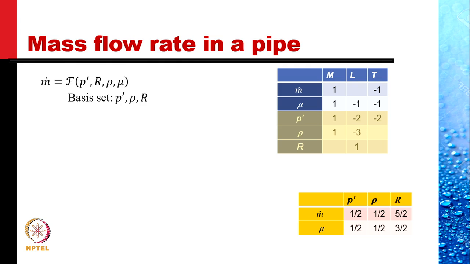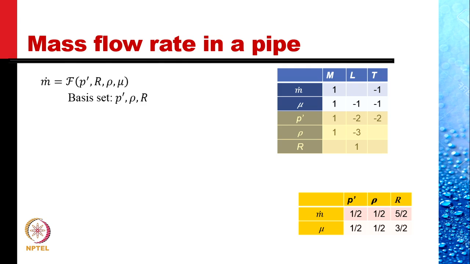And if we do the algebra that was outlined in the last two lectures, we would get the dimension of m dot as the dimensions of P prime to the 1/2, rho to the 1/2, and r to the 5/2. Similarly for mu, 1/2, 1/2, and 3/2.